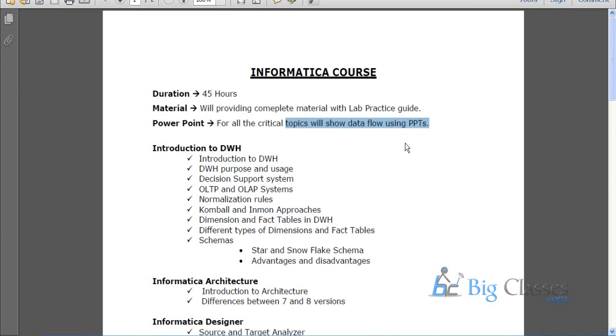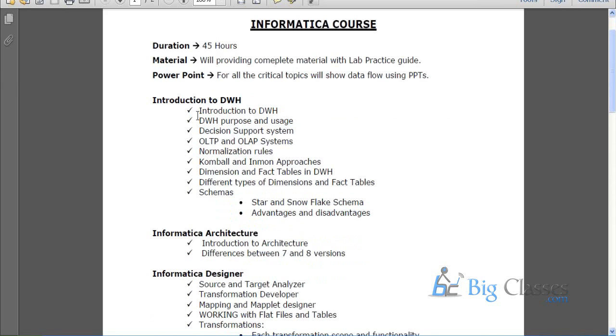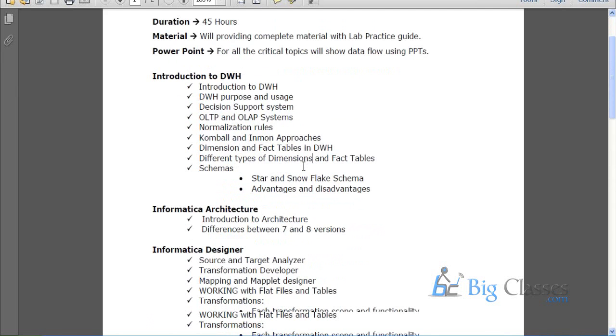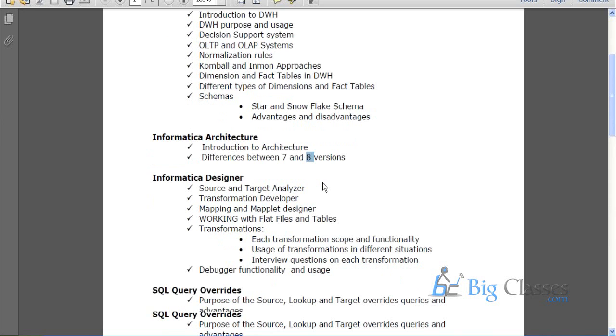These are the topics we are going to cover: the complete data warehousing, the purpose of data warehousing and usage, the OLTP and OLAP systems, Kimball and Inmon approaches, dimensions and fact tables, how to construct a data warehouse and everything. Then coming to Informatica architecture, differences between previous versions and the current version, and the new features available in the latest versions.